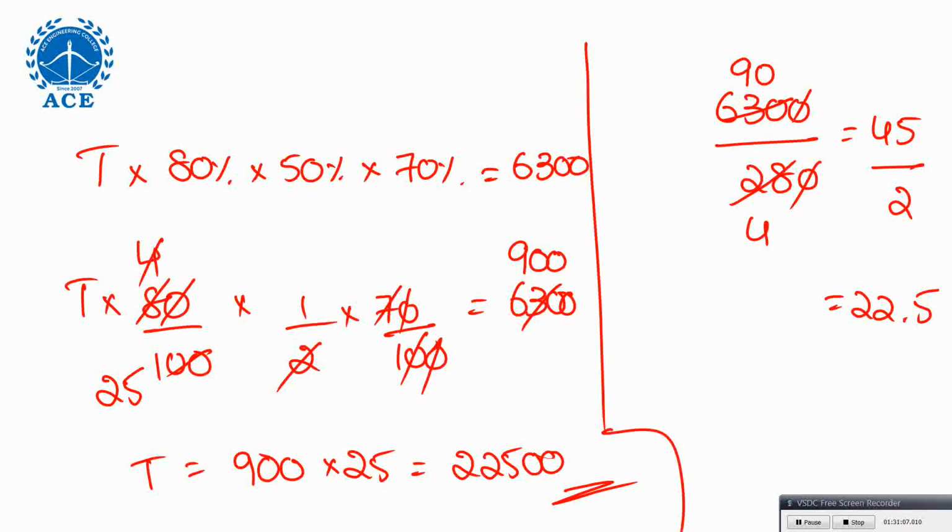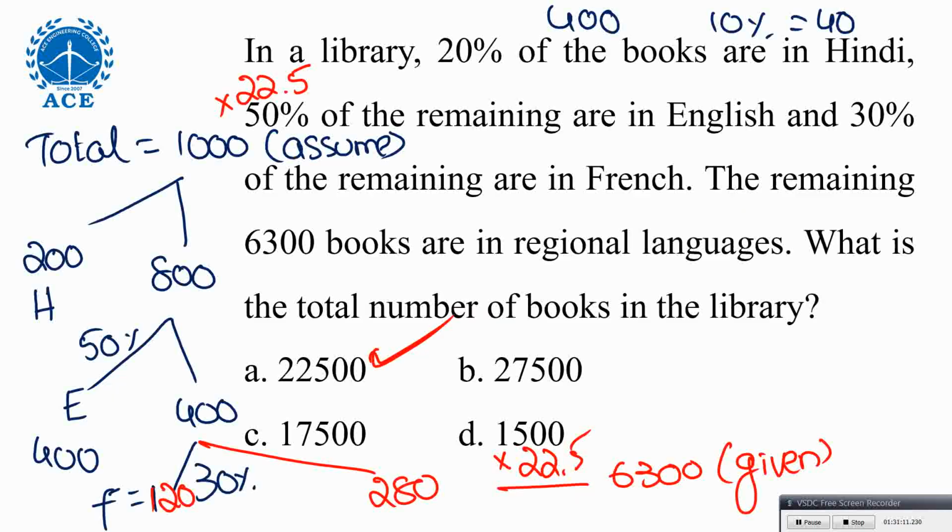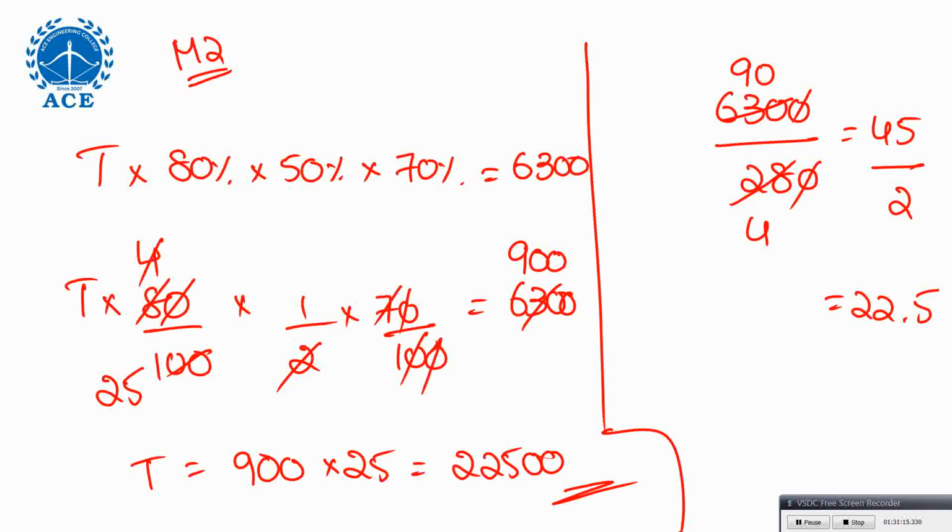This is another method. Method 2; I gave method 1 using the assumption concept. As we don't know the total, we assumed 1000 and proceeded. The second method is equation solving, but you have to understand why 80% first. 20% is allocated to Hindi. Next, why 50%? 50% is allocated to English, leftover is 50.